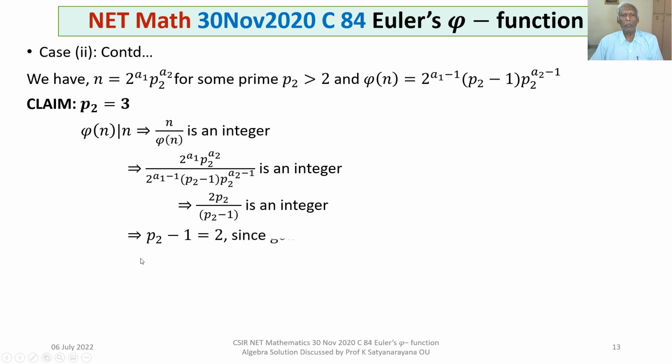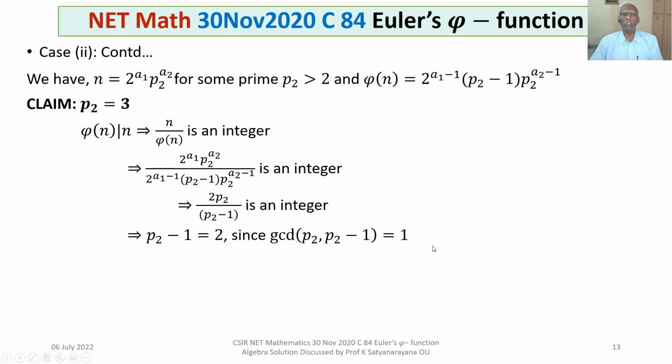This implies P2 minus 1 must divide 2. Why? Because the GCD of P2 and P2 minus 1 is 1. P2 is an odd prime, P2 minus 1 is even. So, therefore, the GCD of those is 1.